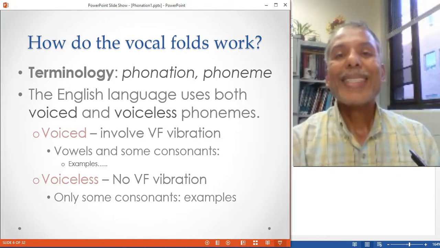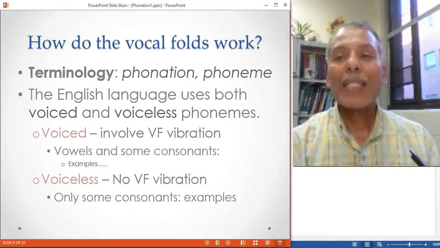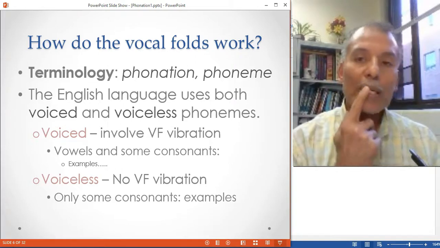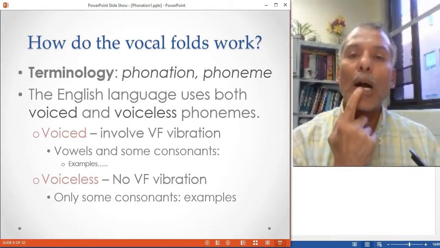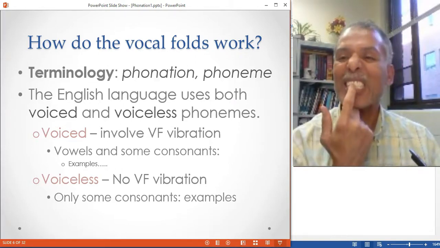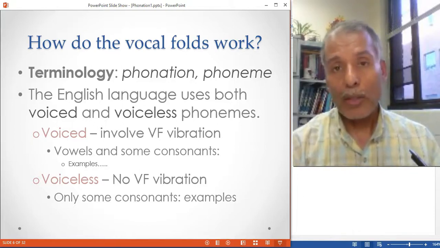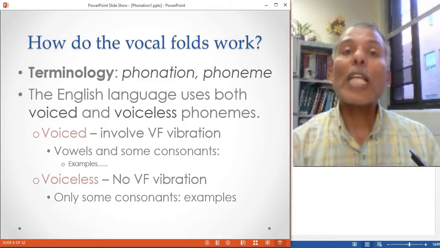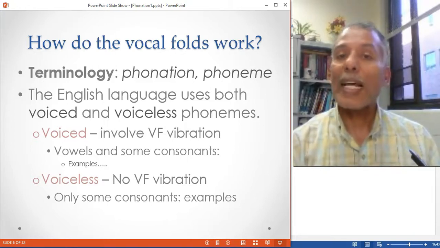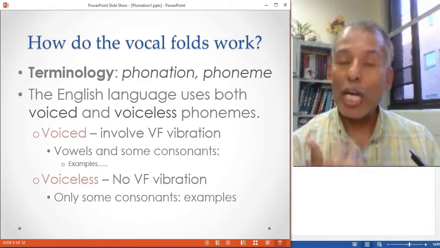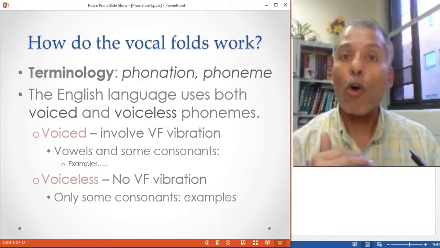When you say s, the only source of the sound is the constriction that you make between your tongue and the alveolar ridge behind these two big teeth. So that sound is called an alveolar sound, but it is voiceless. Voiceless means the vocal folds are not engaged in making it. They are not vibrating in any shape or form.